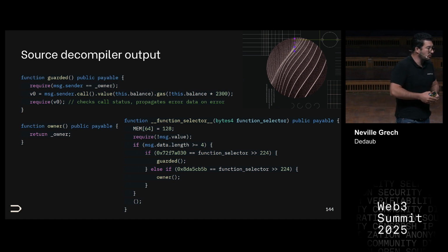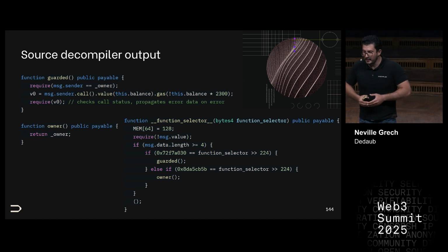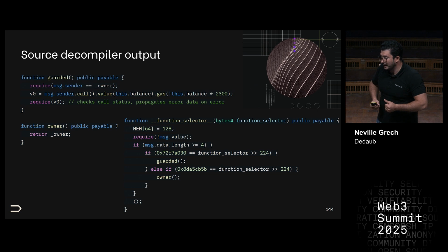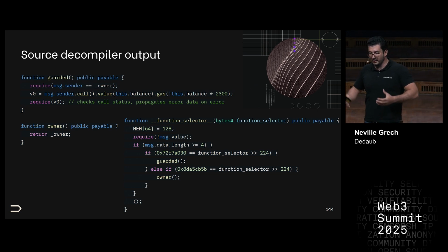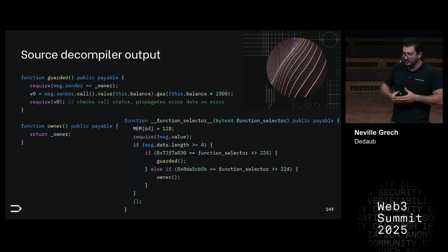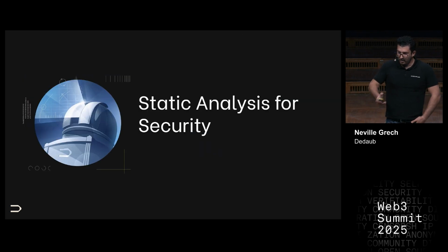Some people do it to reverse engineer, like their competitor strategies. Some people do it because they're doing forensics, on-chain forensics, for instance. We do it also for security analysis. Okay, so at this level of representation, you get even more. You get complex expressions, you get function names, and there's less low-level code at this level.